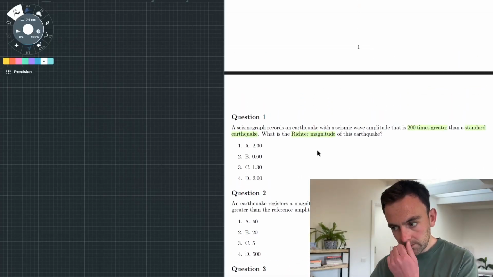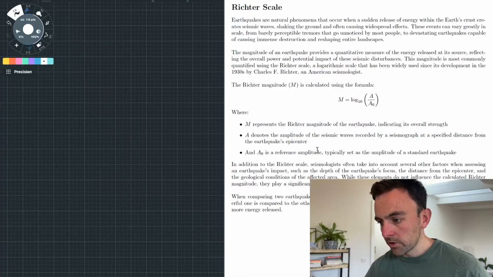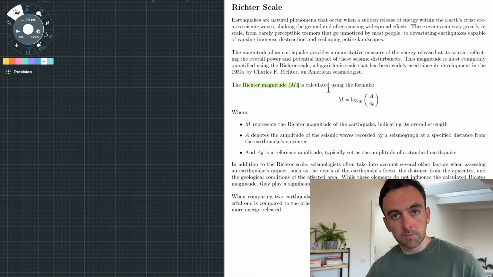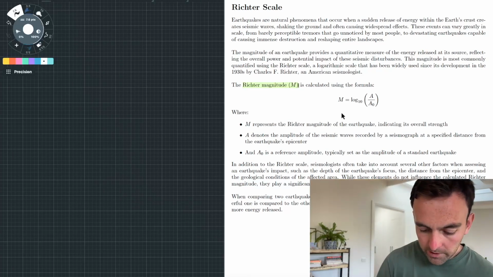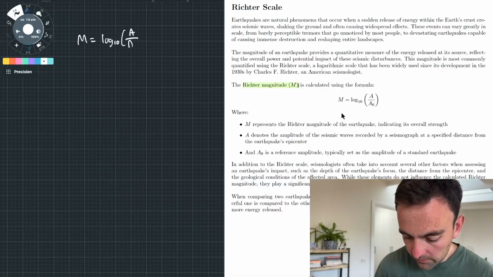So if we look for the words Richter magnitude, we should hopefully see that here, which is the variable m, which is given by this formula. So if I write that down, m equals log 10 of a over a0.